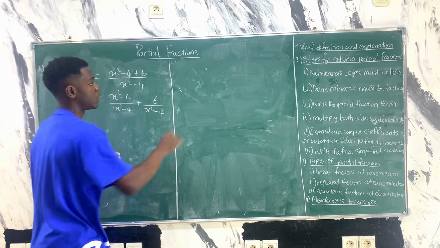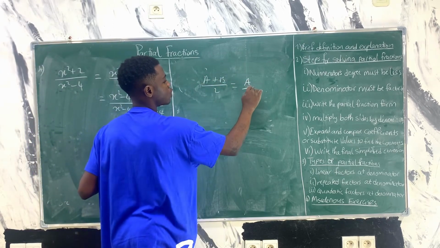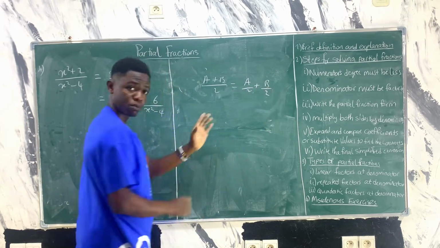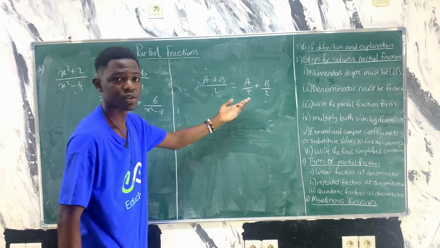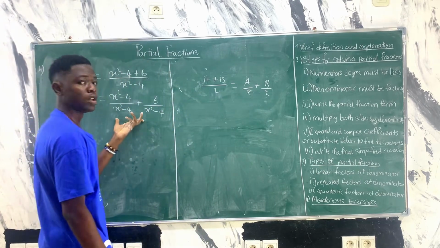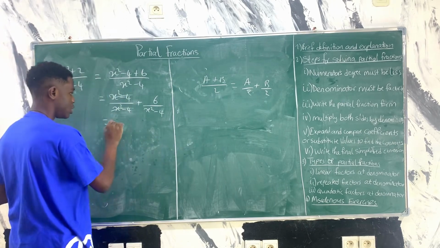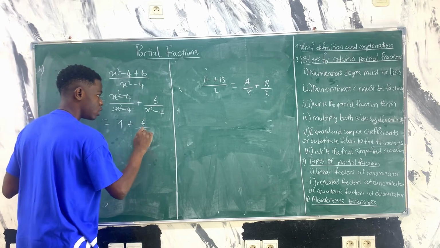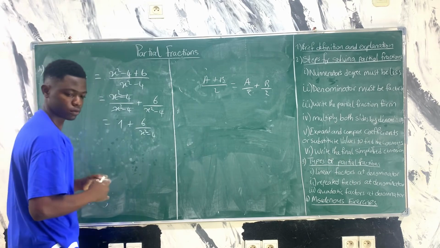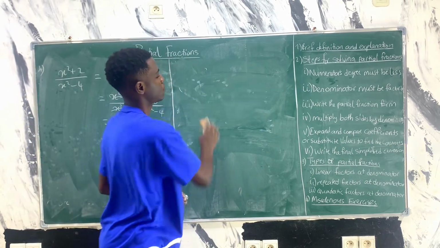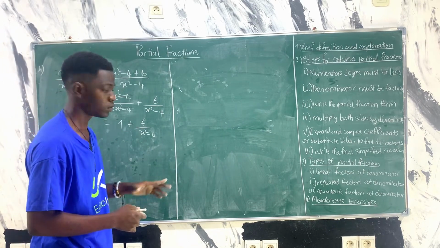If you have a plus b on 2, it's the same as a on 2 plus b on 2. It is this rule that applies here. So you can see that these two can cancel. It will be equal to 1 plus 6 on x squared minus 4. That is the answer.